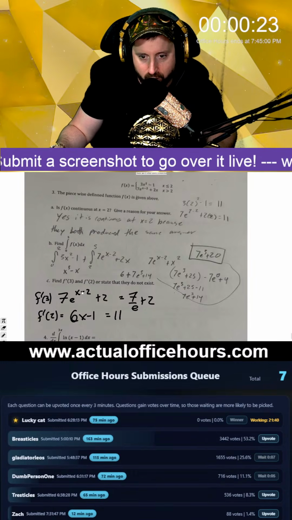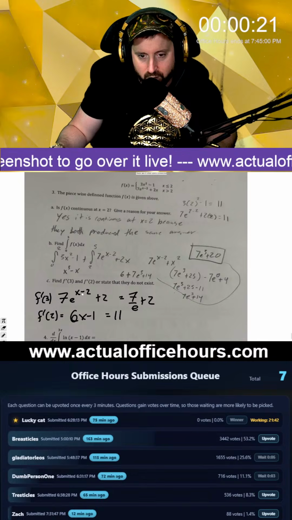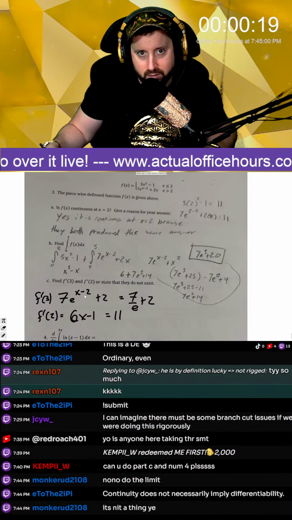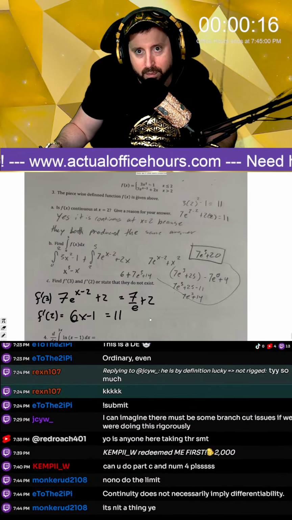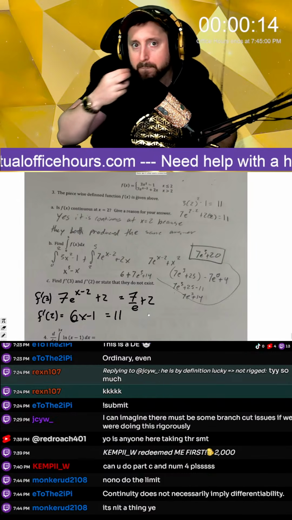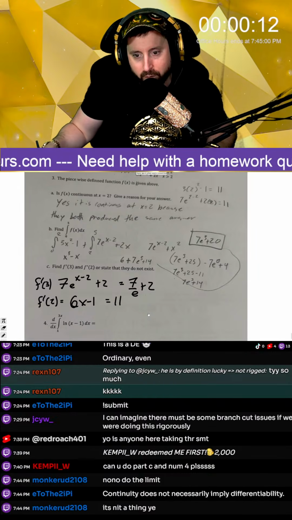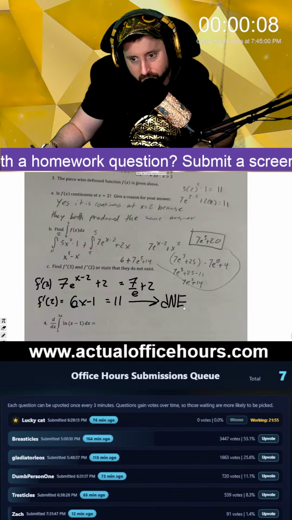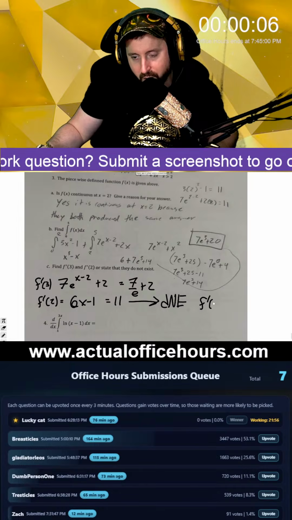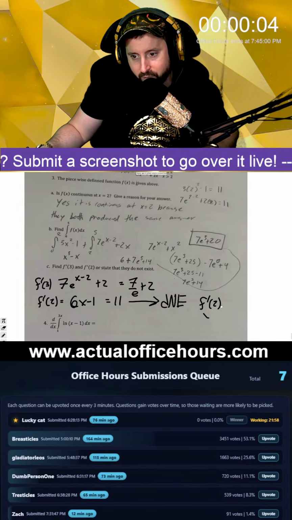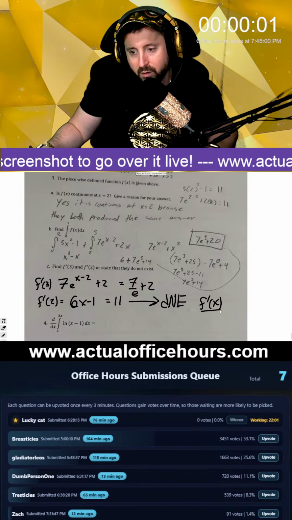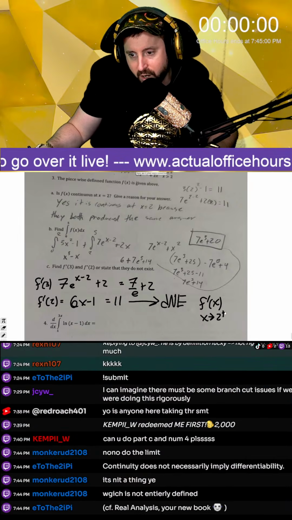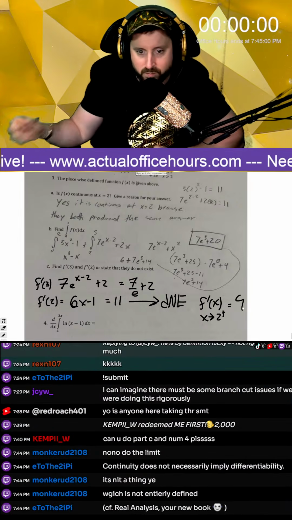So if you plug in 2 that way, then you get 9. Okay, do the limit. So yeah, this does not exist. You could say f prime of x as x approaches 2 from the top is equal to 9.